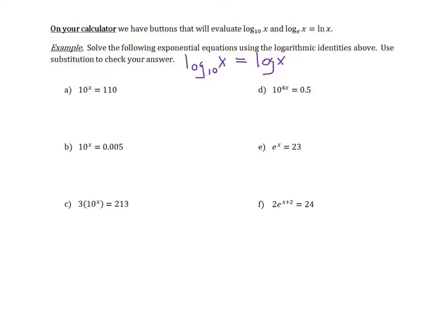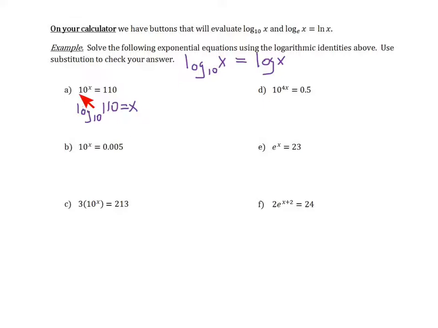So let's see how we use that real quickly using the definition of a logarithm. So here we have an equation, 10 to the x equals 110. Well, this is just asking, what is the power we put on 10 to get 110? Well, that's basically saying we're looking for the log base 10 of 110. Because once again, this is saying, what is the power we put on 10 to get 110? 10 to the x equals 110.